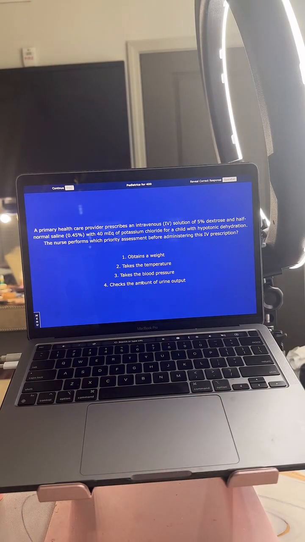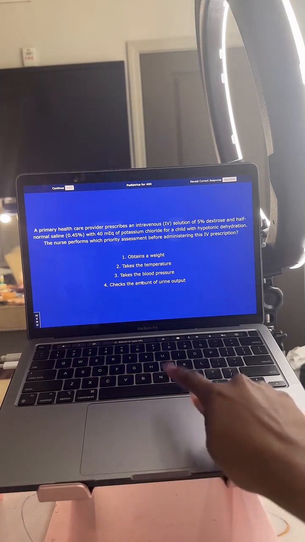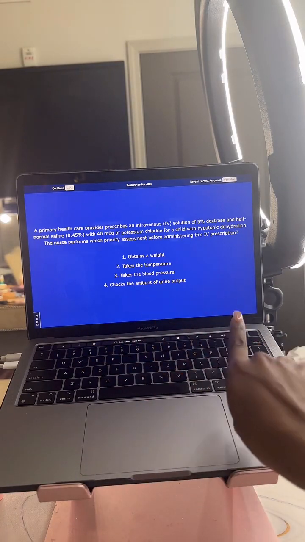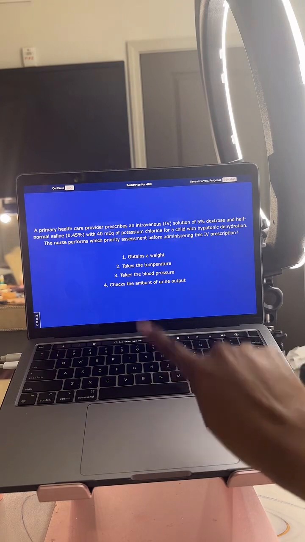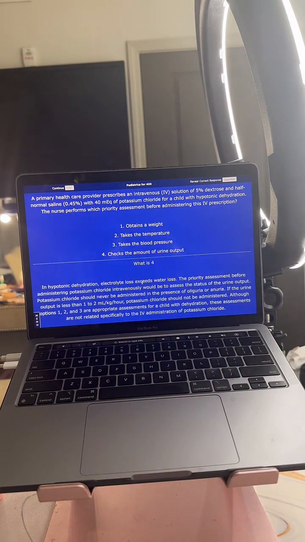I'm saying if you're giving fluids, you need to check BP before. Somebody said, I really don't know. Momo said you need to know the ins and outs because potassium is excreted by the kidneys, so you need to make sure your kidneys are working. So let's see. What is 4?